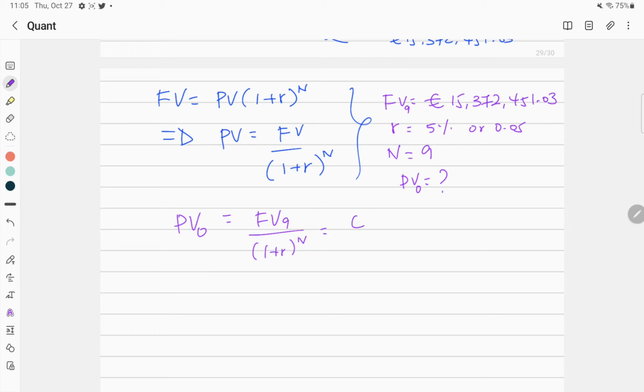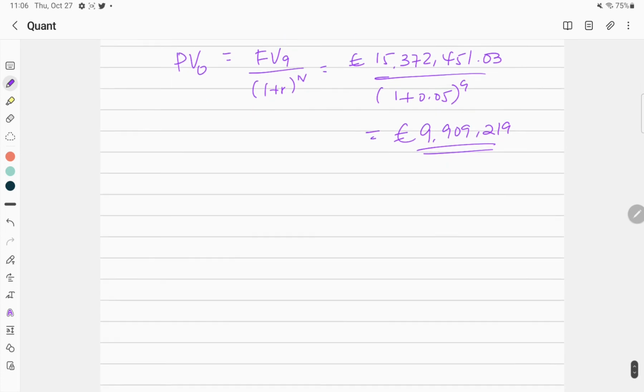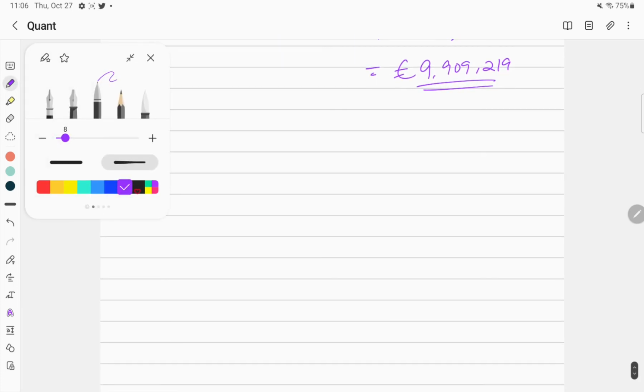This is simply 15,372,451.03 divided by 1 plus 0.05 to the power of 9, and this will give us about 9,909,219 euros.